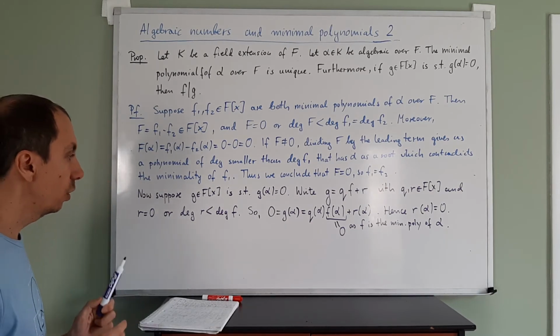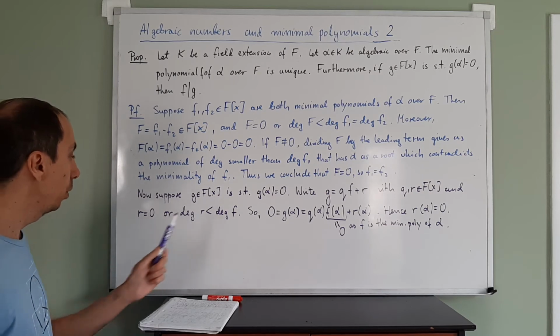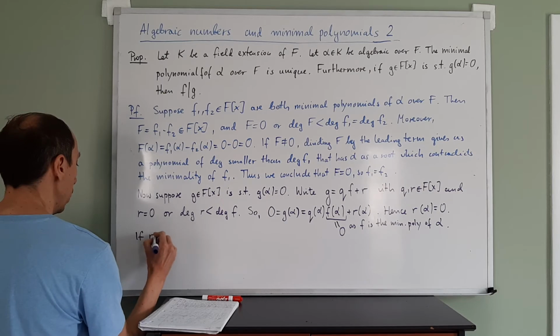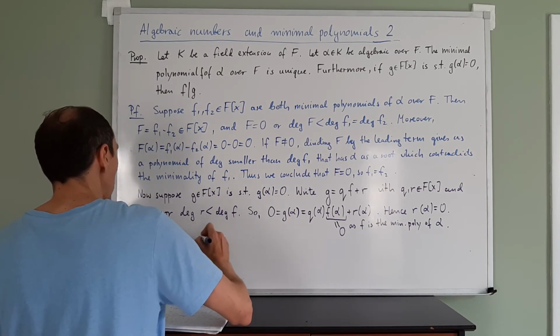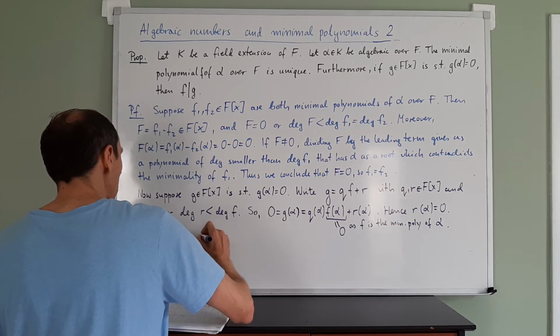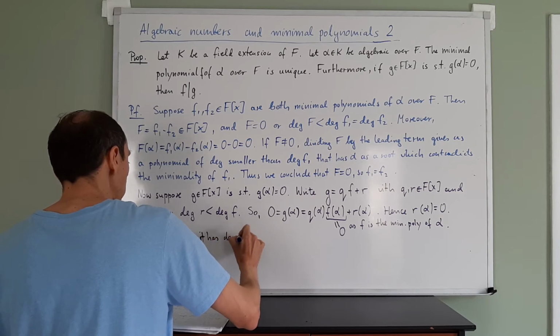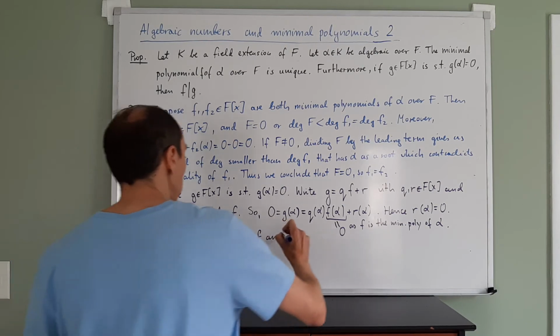So now I have a polynomial, r. If r is not 0, then it has degree less than the degree of f and has alpha as a root.